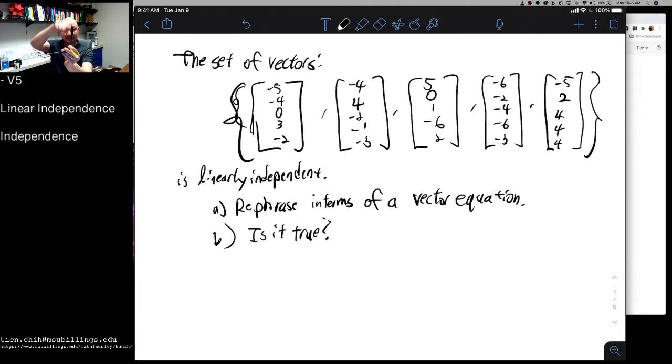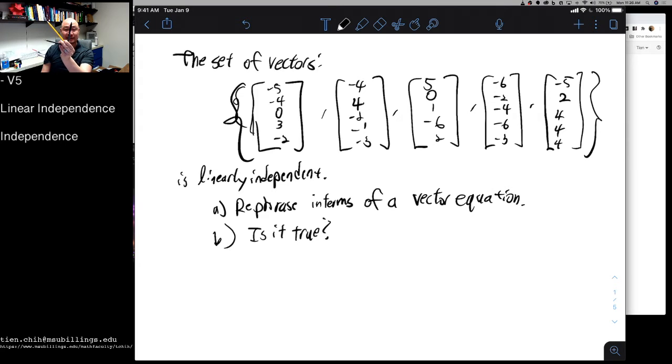If I take all the ways I can move up and down or left and right here, there's no way that I can put those together to get an outward movement like this. So this set of vectors is linearly independent.